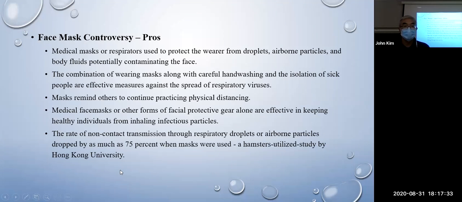And then, based on a hamster study utilized by Hong Kong University, wearing a mask can protect more than 75% when masks were used. The mask can protect about 75%. So those are the pros.